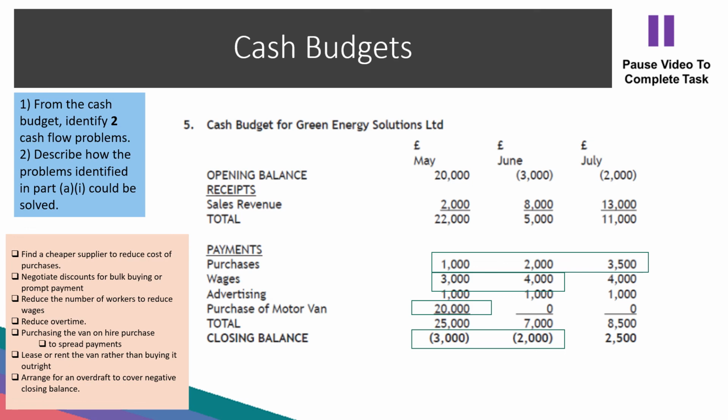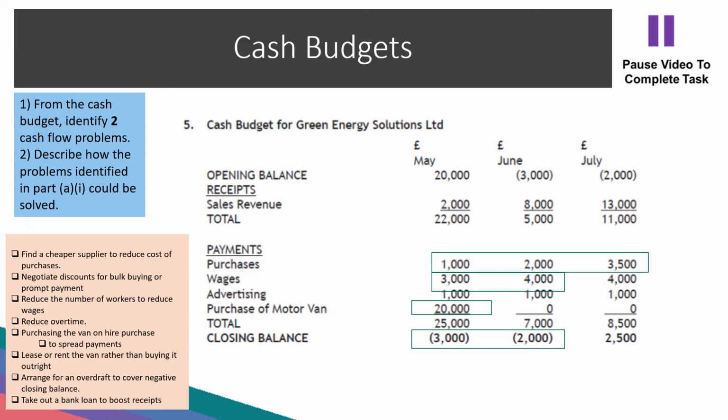You could arrange an overdraft if you've got a closing balance, so that's 3,000. If you had an overdraft, that means that it would take you up, or you could get a loan. And you could take out a loan to boost the receipts to have more money coming in.